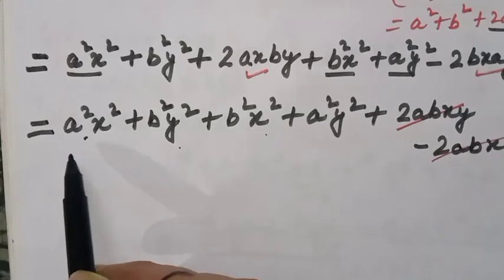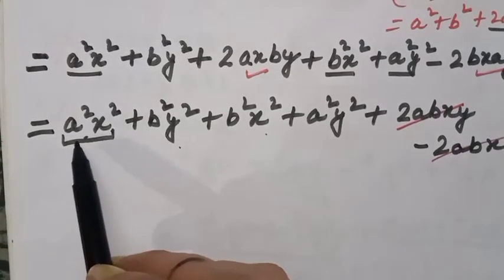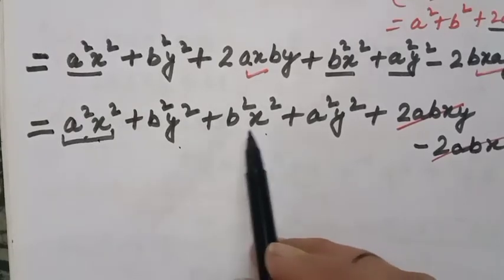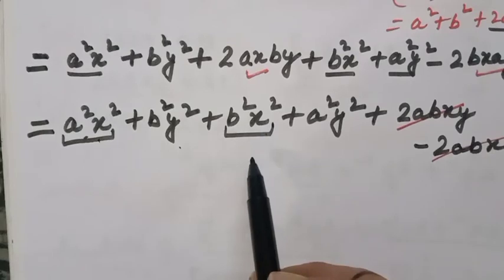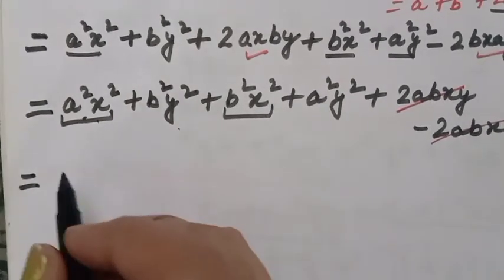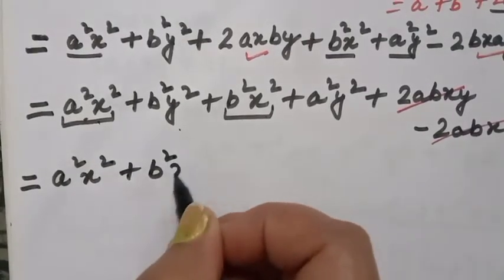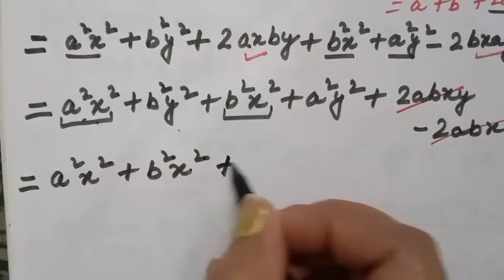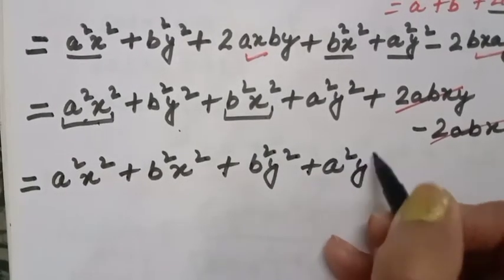Now we will start comparing the common terms like we did in the last question. So we can see a square x square. If we take these two terms together, x square will come common. So I'm rearranging it: A square x square plus b square x square. Now next is b square y square plus a square y square.